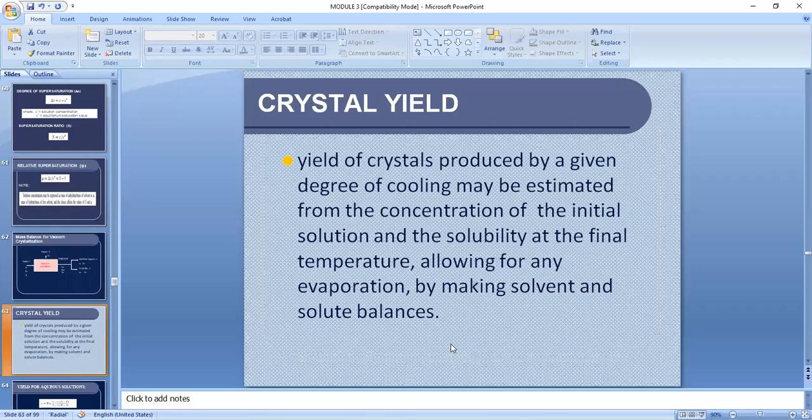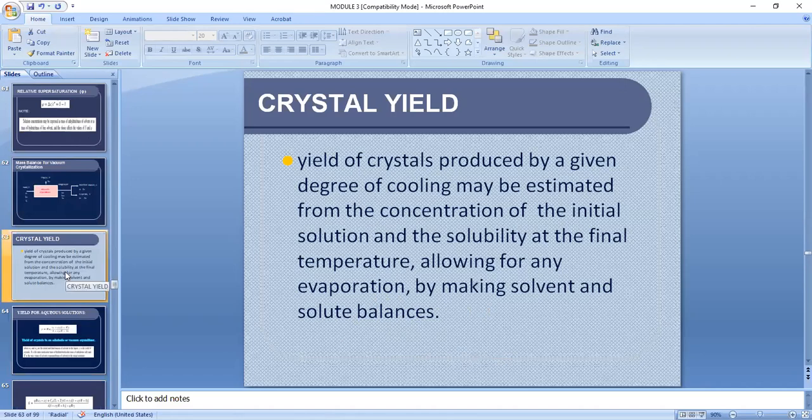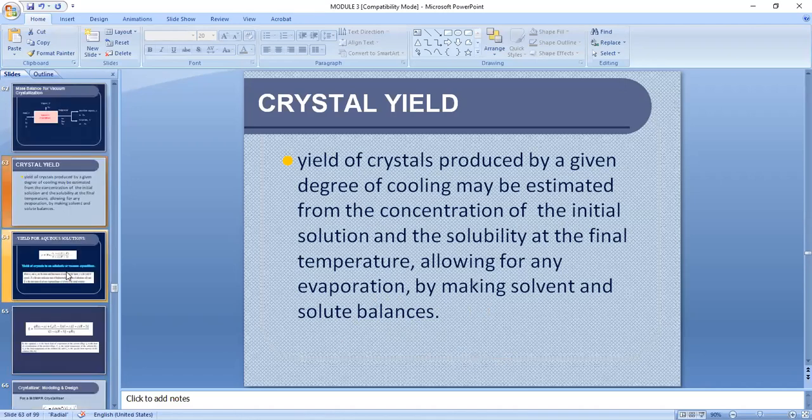Even it accounts for the latent heat of vaporization of your feed, or rather of your water. So in making solute and solvent balances, you can go back to Geankoplis and even McCabe. It's using this one. But for other alternative formulas, that's the one that I'm sharing with you, and that's the one that I taught you last year, and it's taken from Coulson.